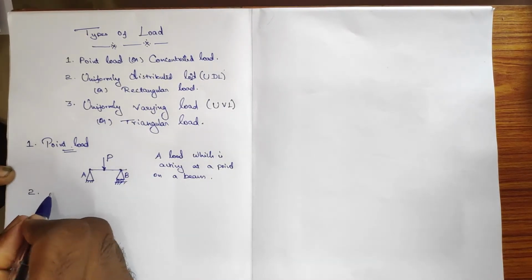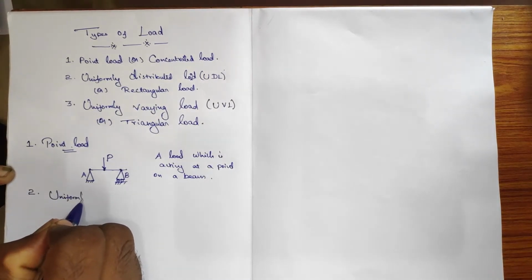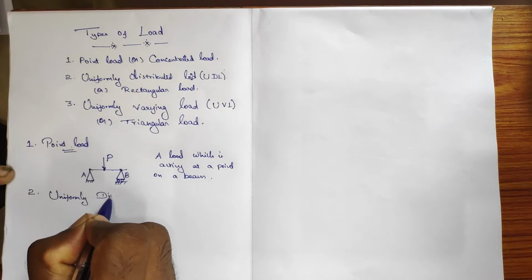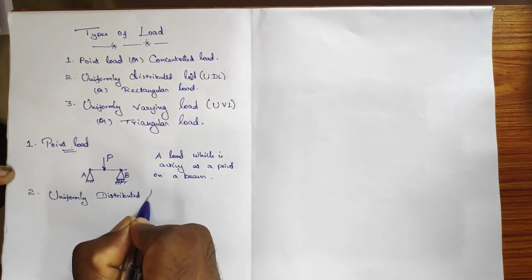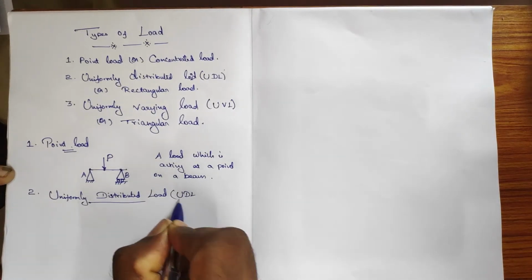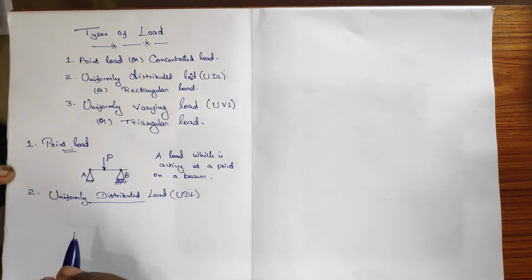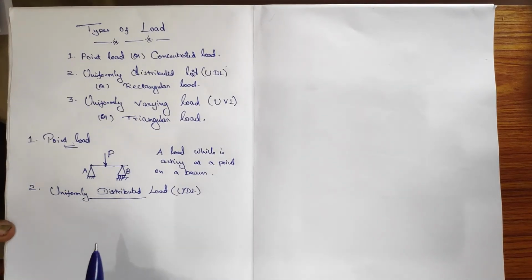The second one is uniformly distributed load, UDL. Here uniformly distributed load means the intensity of the load is constant over a considerable length.